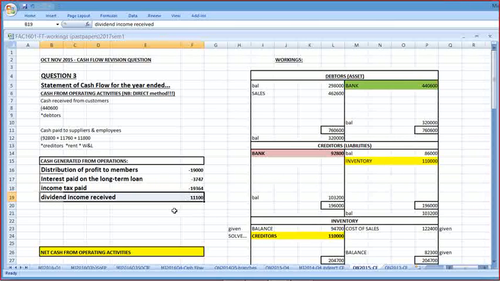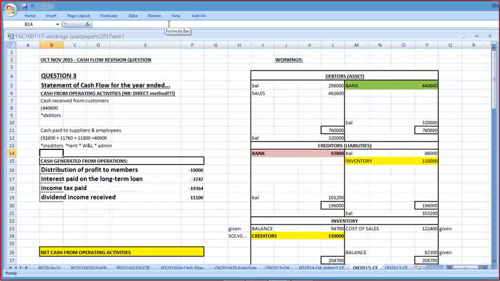Read the next line item. Administrative expenses. Have we looked at it? No. Is there a cash flow here? Yes. Where would it go? Payments. Next. Okay, water and electricity we've looked at. Credit losses.